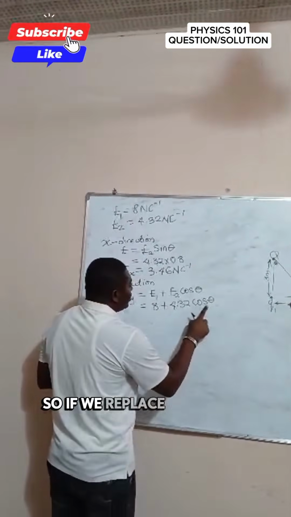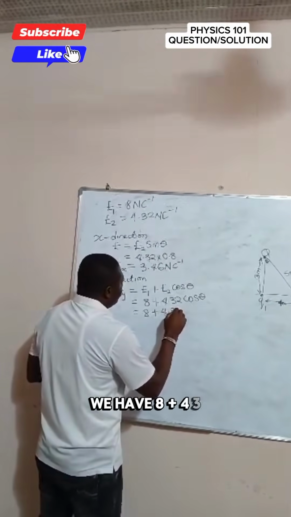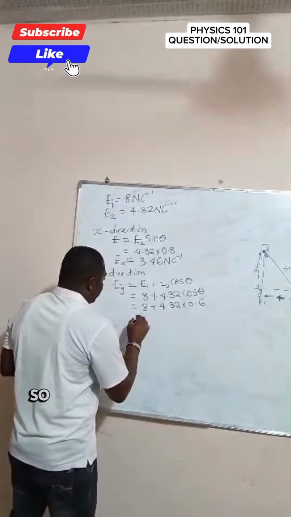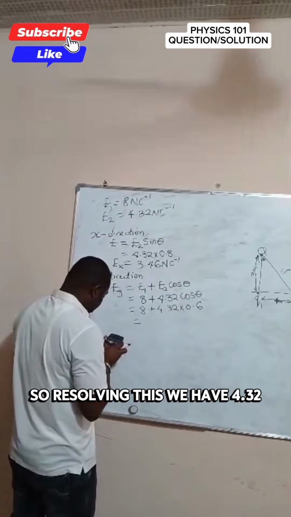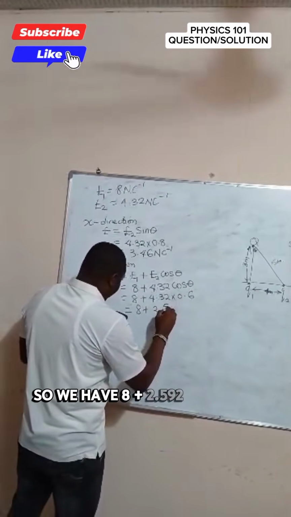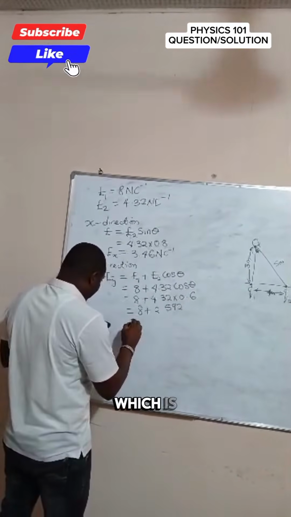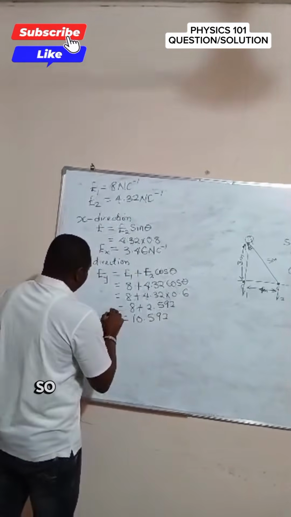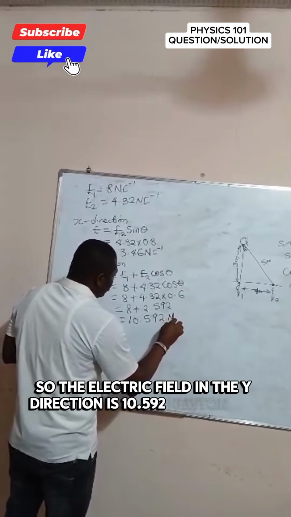If we replace this by 0.6, we'll have 8 plus 4.32 times 0.6. Resolving this, we have 8 plus 2.592, which is 10.592. So the electric field in the Y direction is 10.592 Newton per coulomb.